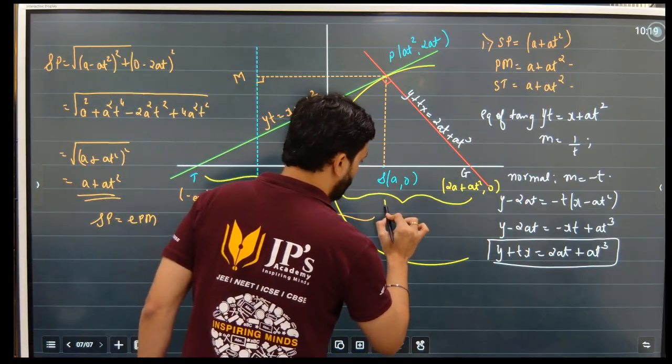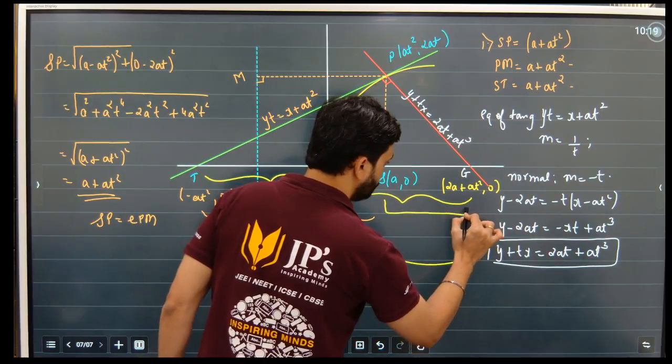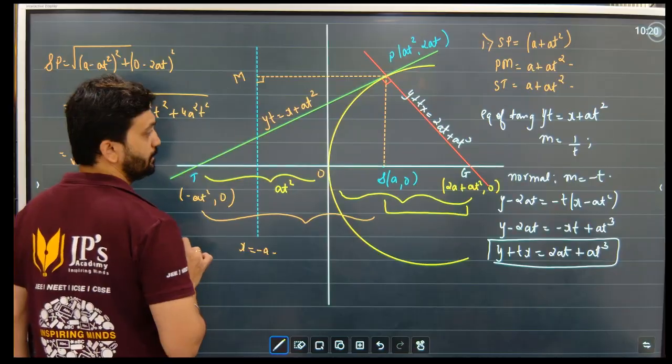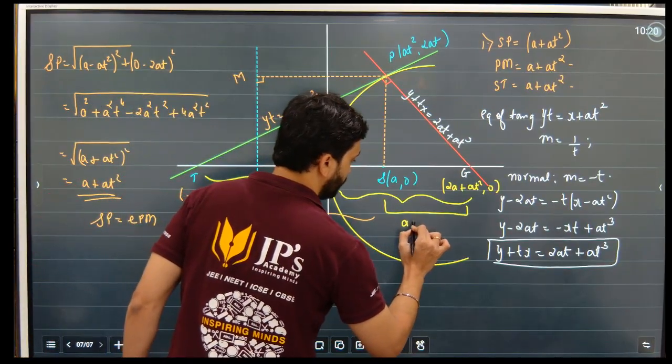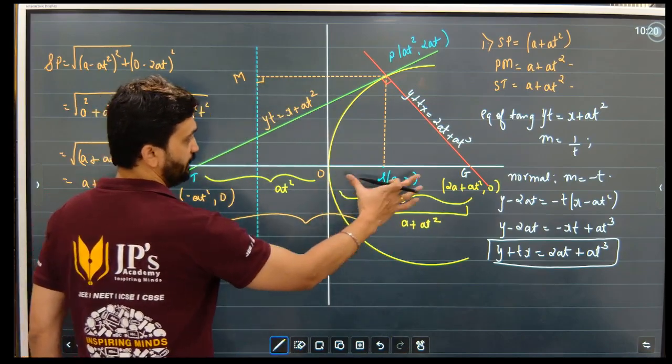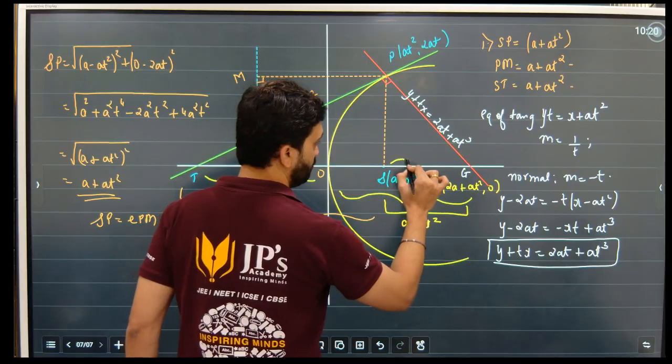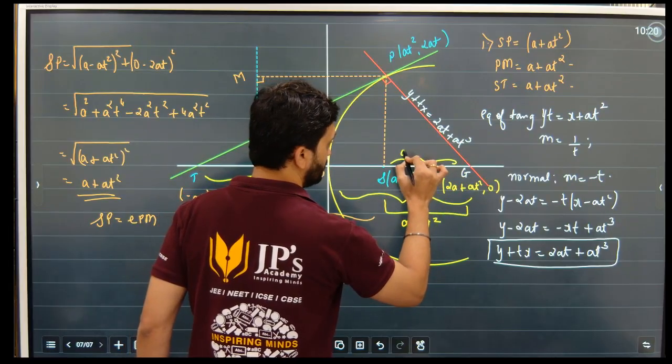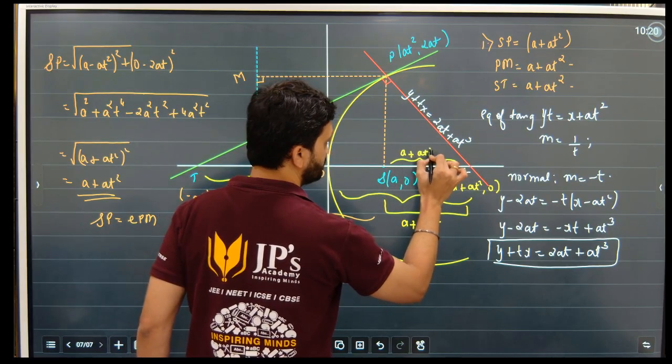So can anyone tell me what will be my SG value? It will become a plus at², because if this is a and this is the entire 2a, this small part is nothing but a plus at².